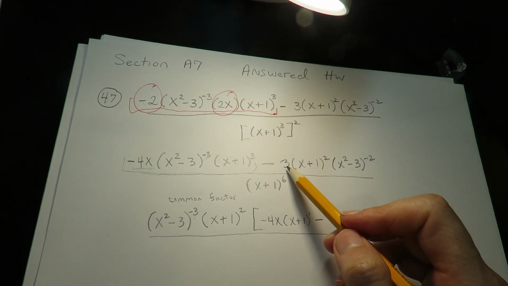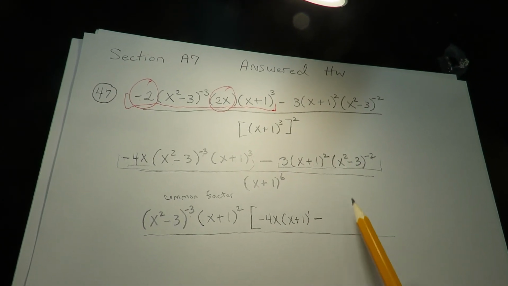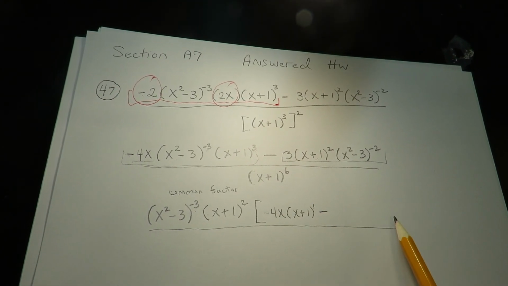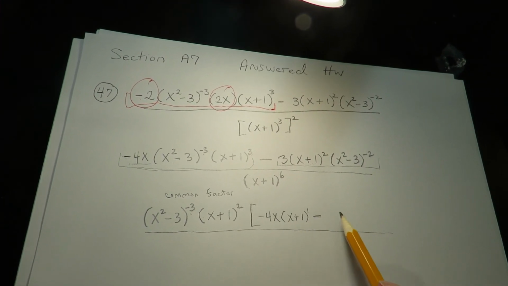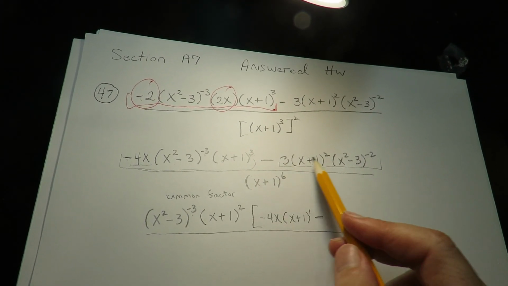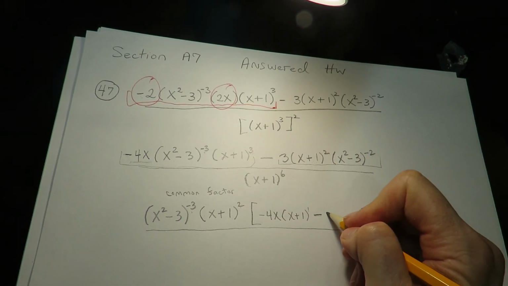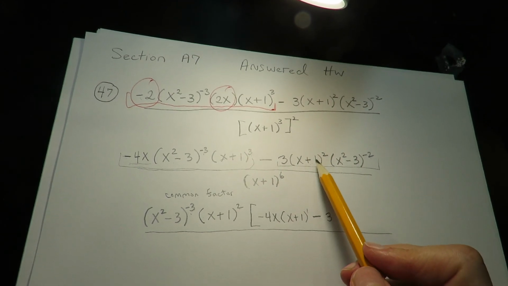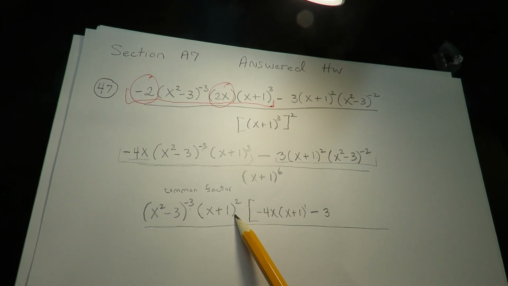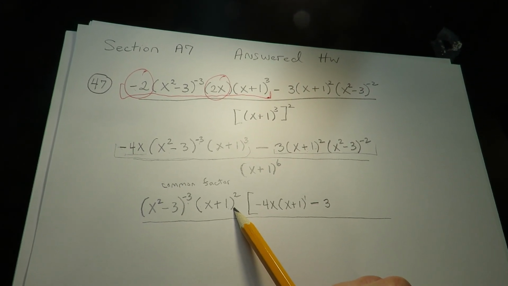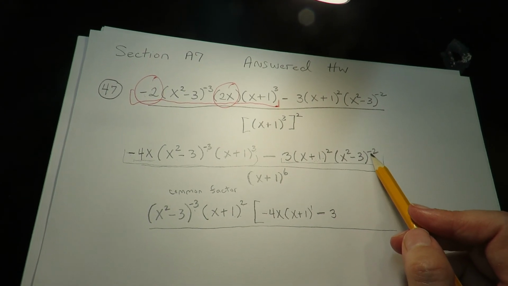Alright, now I'm going to do the back half. I'm going to take the common factor out of the back half and see what's left. So the leftover is what goes in here. Alright, so the minus sign separates the leftover of the front with the leftover of the back. This now being the leftover of the back. Alright, so the 3 is left over. Now I started with 2 of these binomials. I take away 2 of these binomials. So that's totally gone. Now this one, I start with -2.